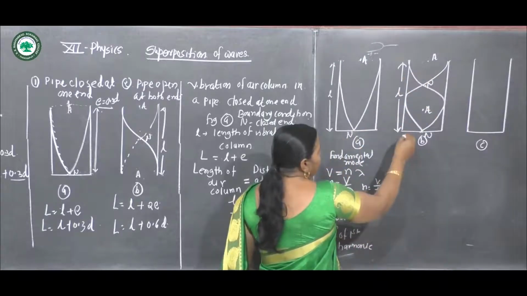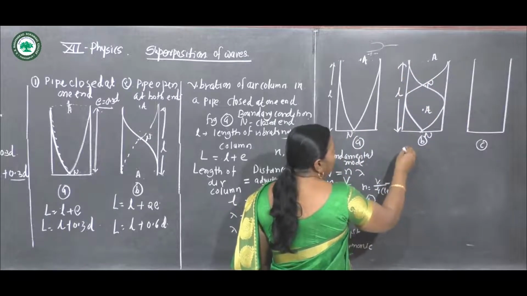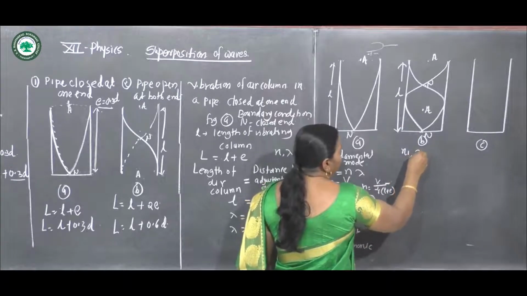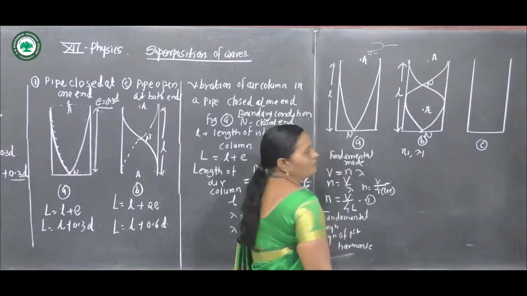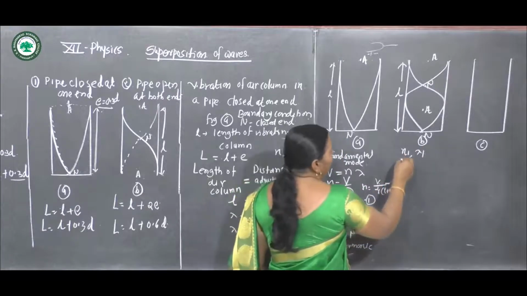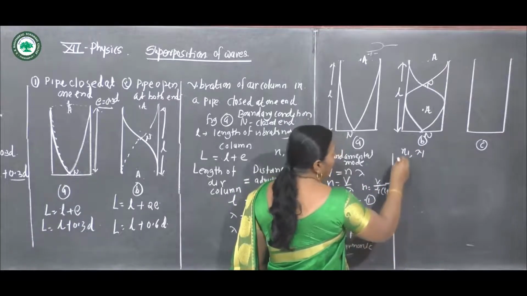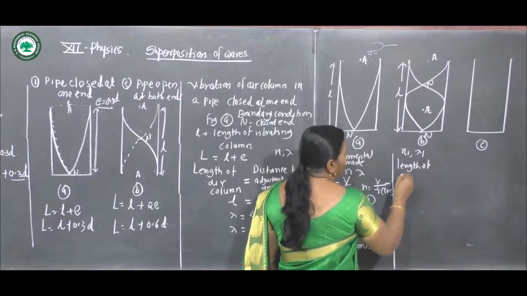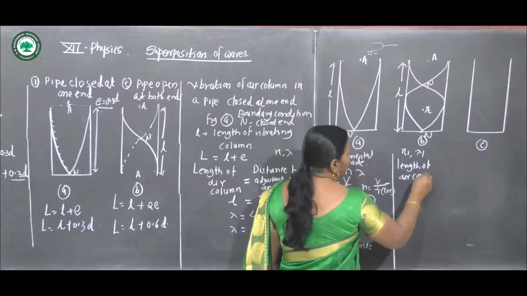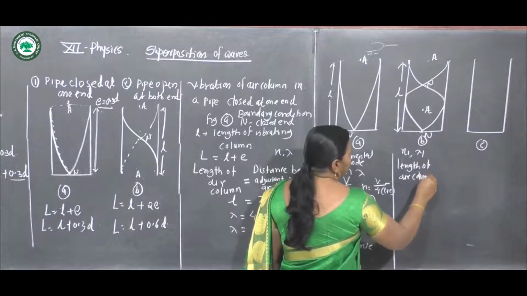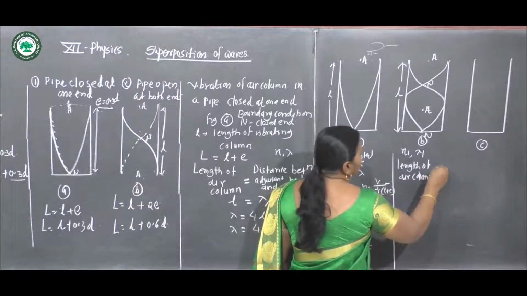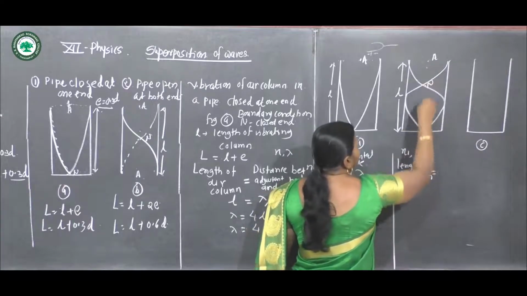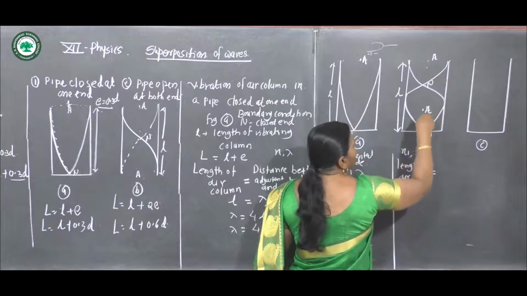Now in this case, the mode consists of the frequency n1 and wavelength lambda 1. Then the length of air column is equal to the distance between these node, antinode, node.